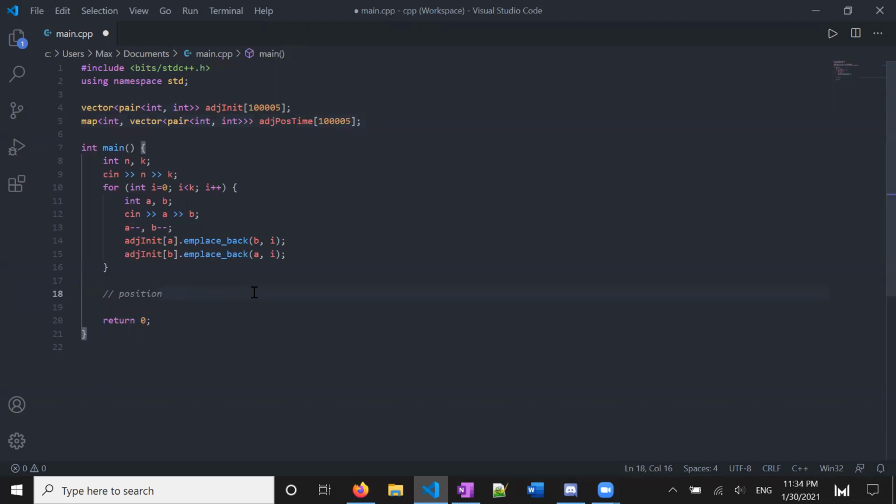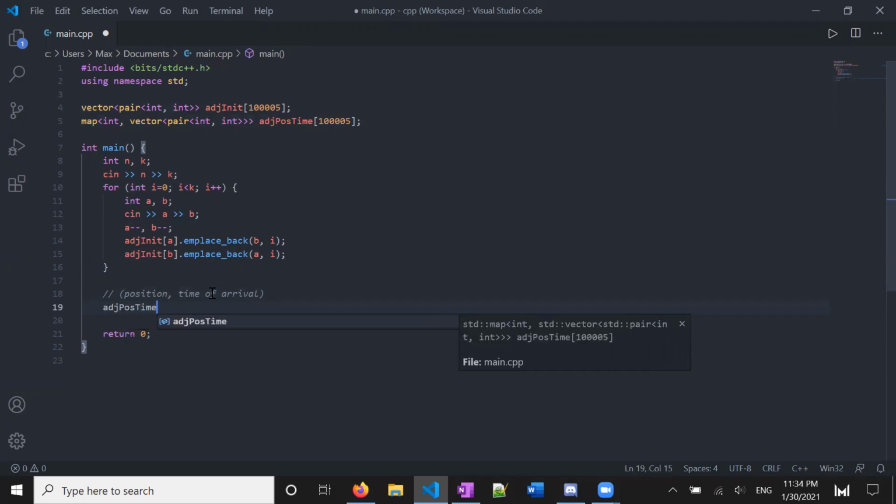So the pairs are described by the position and the time of arrival. And so the way I'm going to index them is adjacency of position time. I'm going to grab the position, and then grab the actual time, and I can then access this given adjacency list. And I use a map because the times are from 1 through n, but I can't actually declare a 2D array because that would be too much memory.